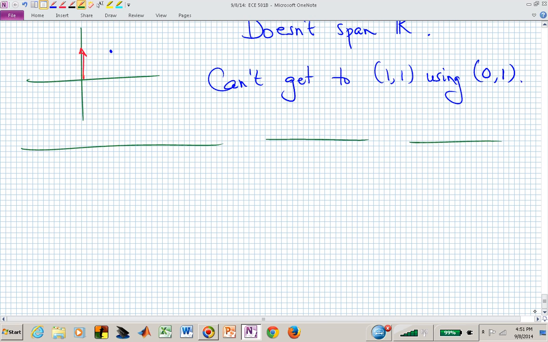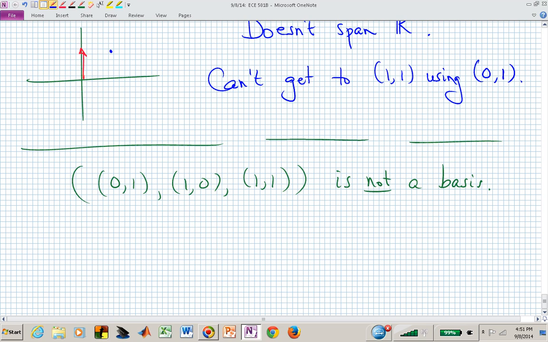Again, we're dealing with R2 as our vector space, and now I give you 0, 1, 1, 0, and 1, 1. Is that a basis? Why not? It's not linearly independent, is it?